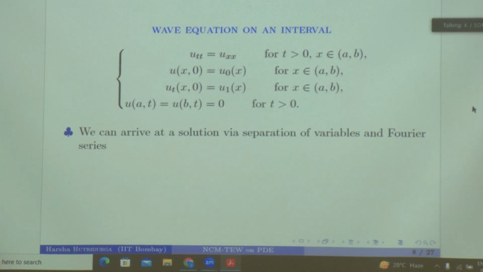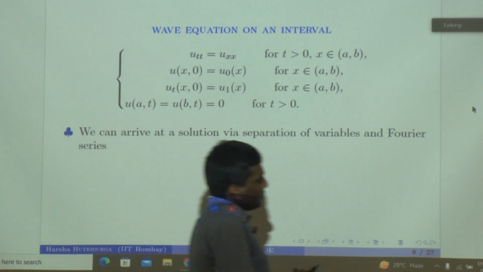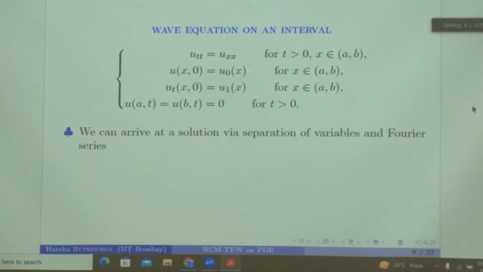See, the problem with D'Alembert's formula is, what does D'Alembert's formula say? If you have a solution to your wave equation, and you want to write the value of that solution at a point x comma t, you need to know the data in the interval from x minus ct to x plus ct, the entire interval.